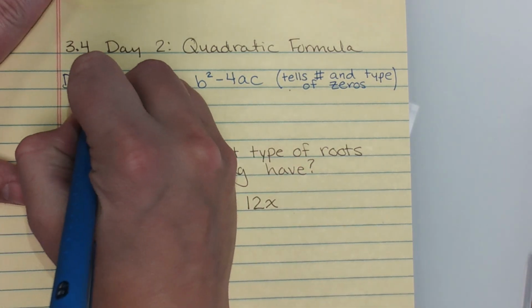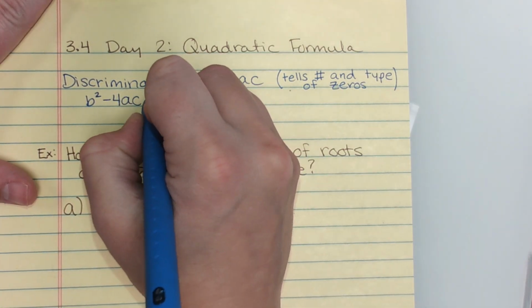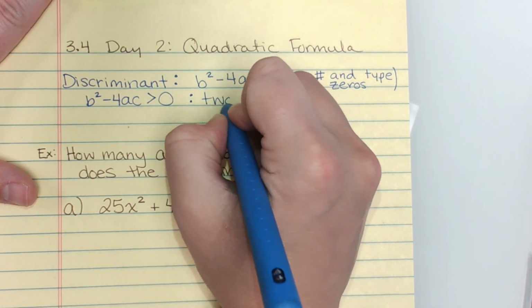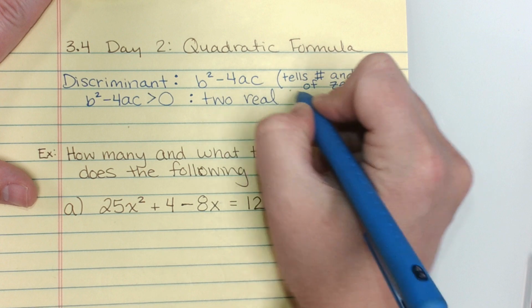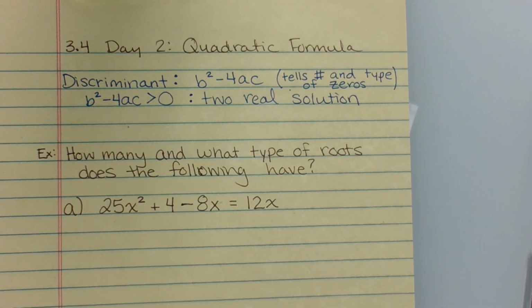And as we discussed, if b squared minus 4ac is a positive number, in other words, it's greater than 0, you will have two real solutions. Two real roots, two real zeros, two real x-intercepts.